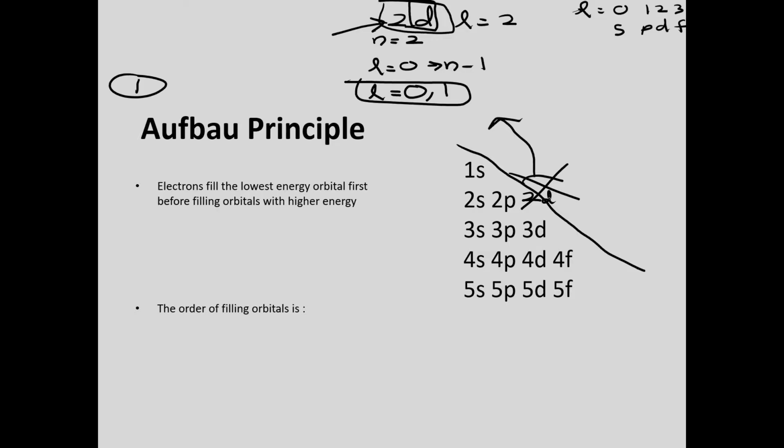This is very simplified. The same reason explains why there is no 1p. If n equals 1, l can only be 0, since it goes up to n-1, so there is only s. That's why we only have 1s, and we don't have 1p or 1d.